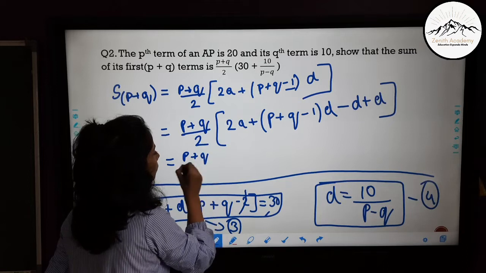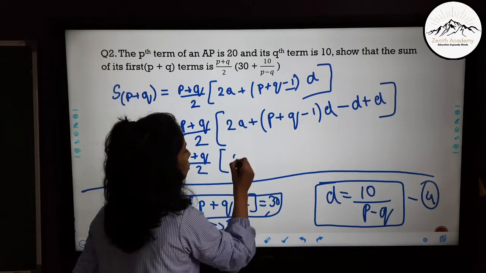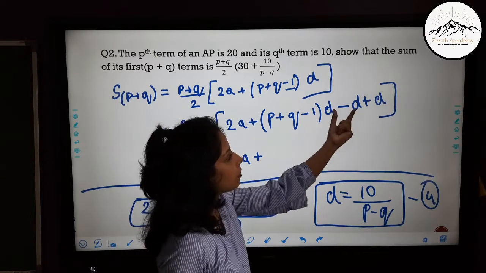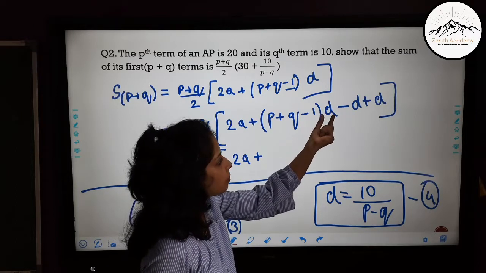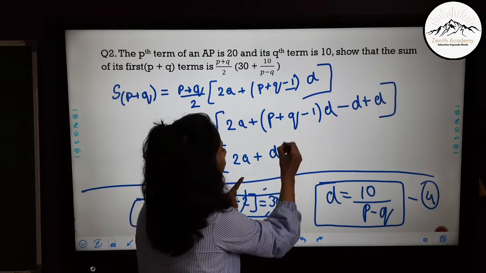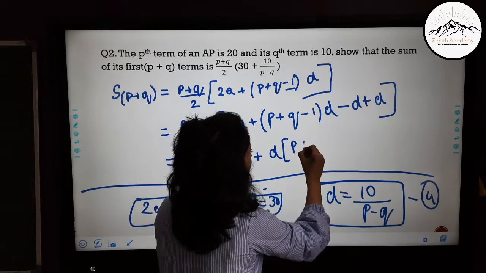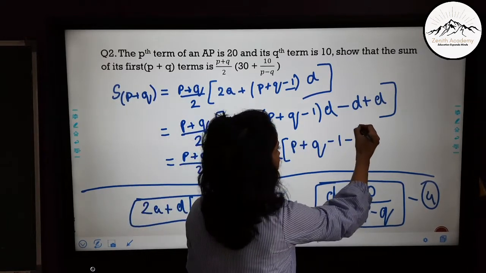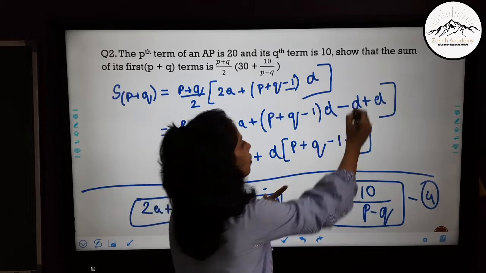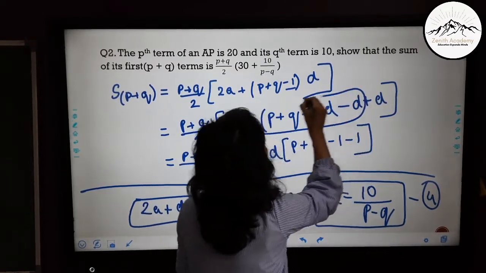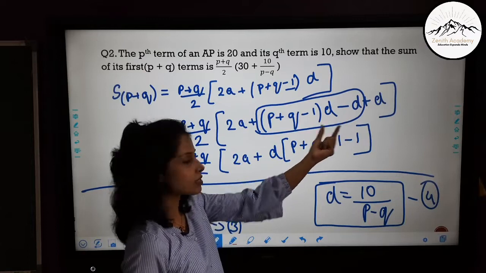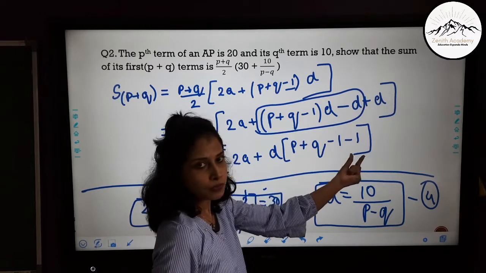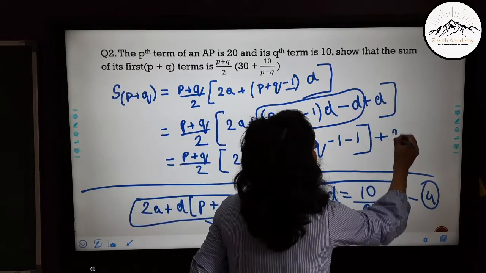P plus q by 2 into 2a plus, what we can do, we can take plus d common, and what we can write, p plus q minus 1, because only for this term we have taken d as common. So we are writing it as p plus q minus 1, plus d.